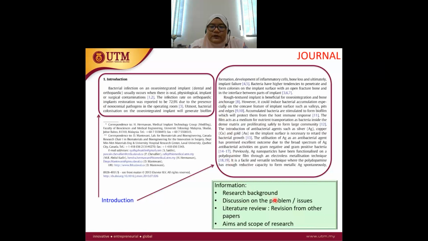The discussion on the problems and issues also, at the first and second paragraph. There are also literature review or revision from other papers as well. As you can see, 1, 2, 3, this one is the reference number. You can find this reference statement in the reference part later. And lastly, the aims and scope of the research as well.